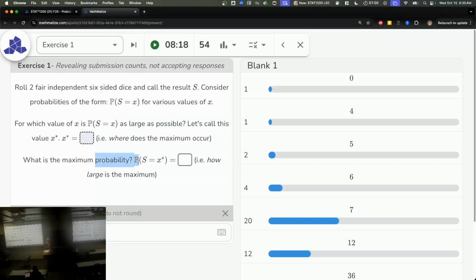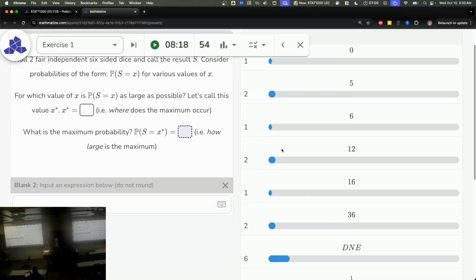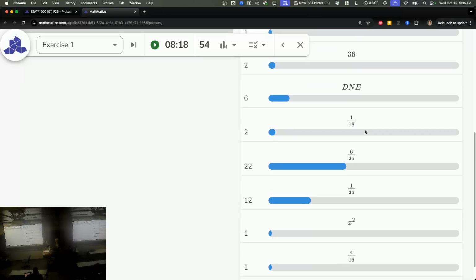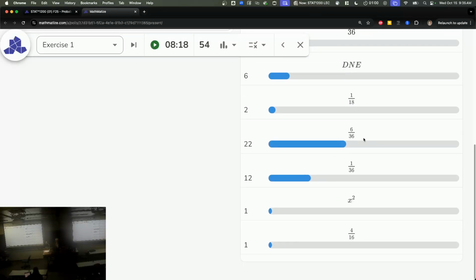What is the maximum probability? So this is where the function has its maximum, and this is the height of that function. We're at the maximum. What is the maximum value? What is the most likely value of S? And what did you all say for that? All right, 0, 5, 6, 12, 16, 36, 1 over 18, 6 over 36. The most popular answer was 2/2.